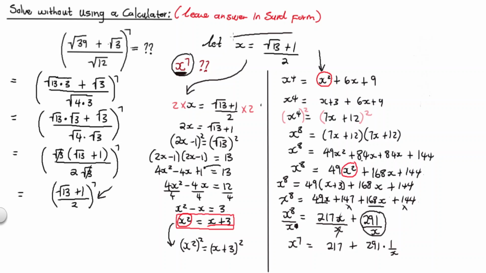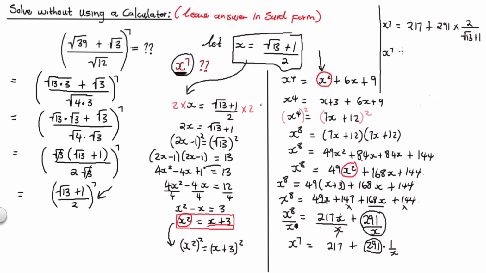Do you still remember, we represent our x by square root 13 plus 1 over 2. So instead of substituting x, I would just take the inverse of x and multiply with 291. So x raised to exponent 7 is equal to 217 plus 291 multiplied by the inverse of x, which is 2 divided by square root 13 plus 1.